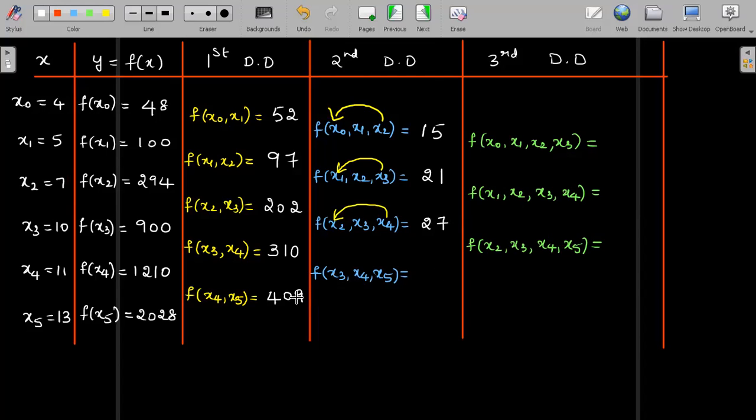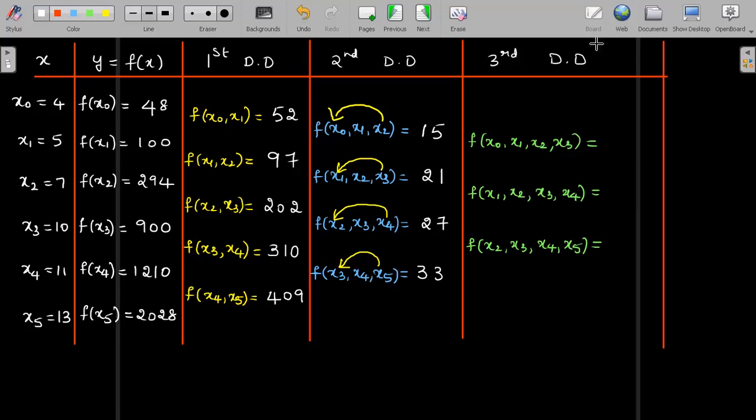Then we have the last value, 409 minus 310 divided by x5 minus x3. So x5 minus x3 means 13 minus 10, which is 3 in the denominator. Numerator 409 minus 310, divided by 3. This will give us 33.